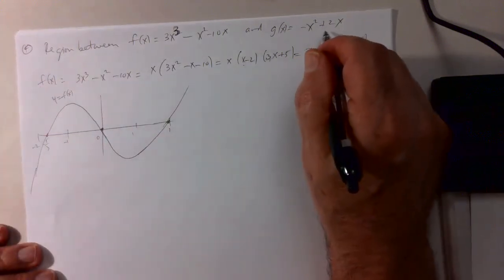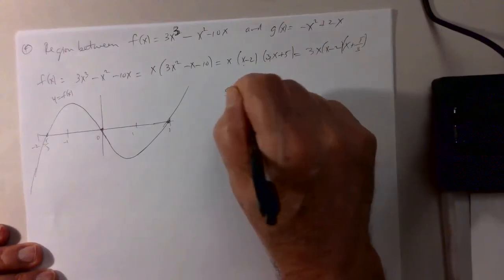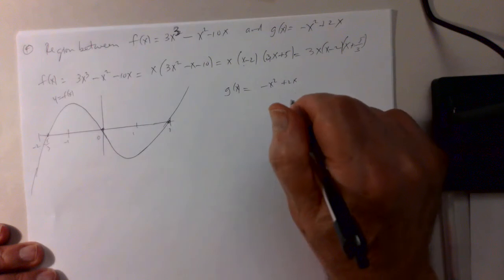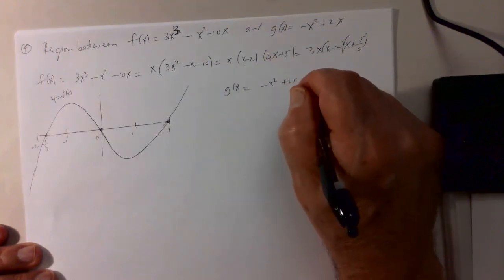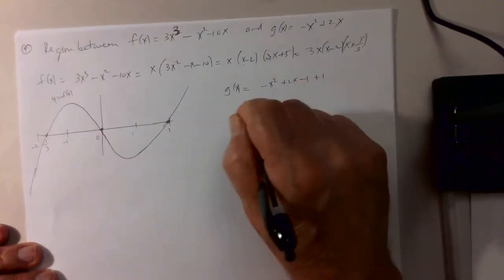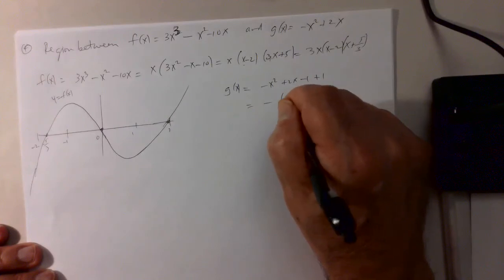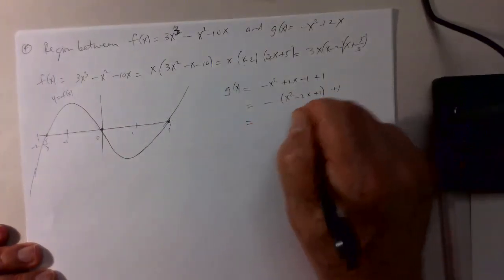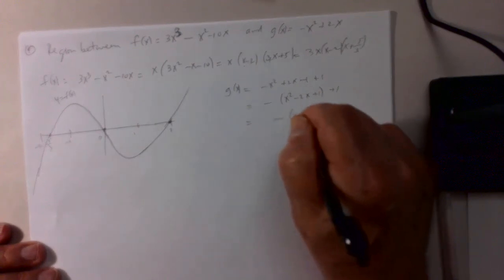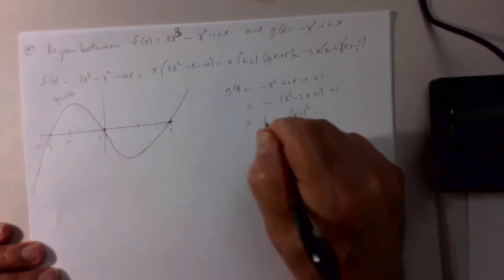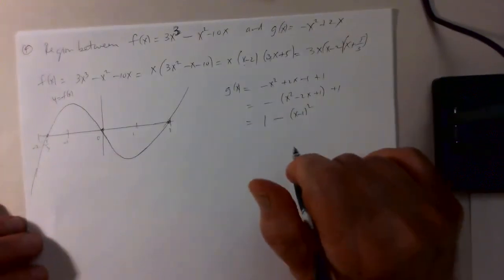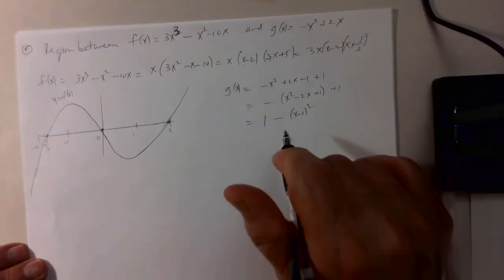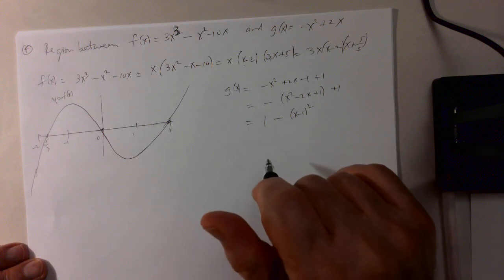What about g of x? Well, g of x is minus x squared plus 2x. So that's a parabola that opens down. If I complete the square, this is minus x squared minus 2x plus 1, plus 1. Or I'll write this as 1 minus x minus 1 squared. That's a parabola that's opening down, and it has its vertex at x equal 1.